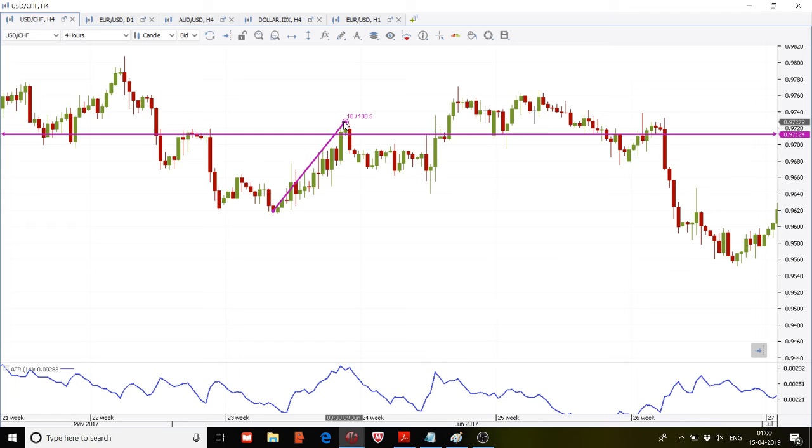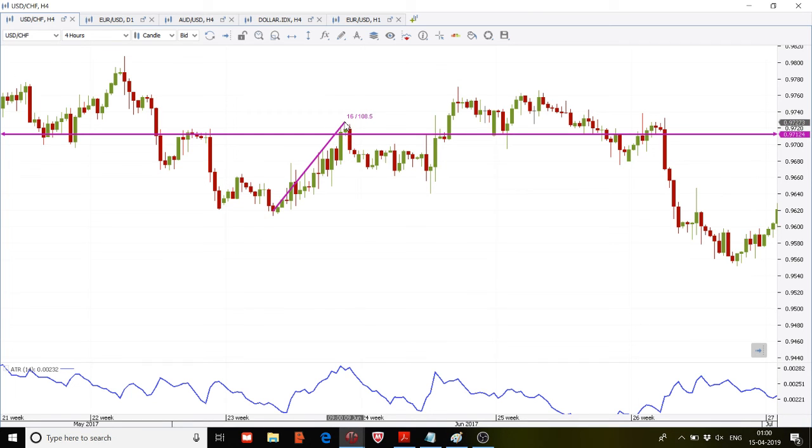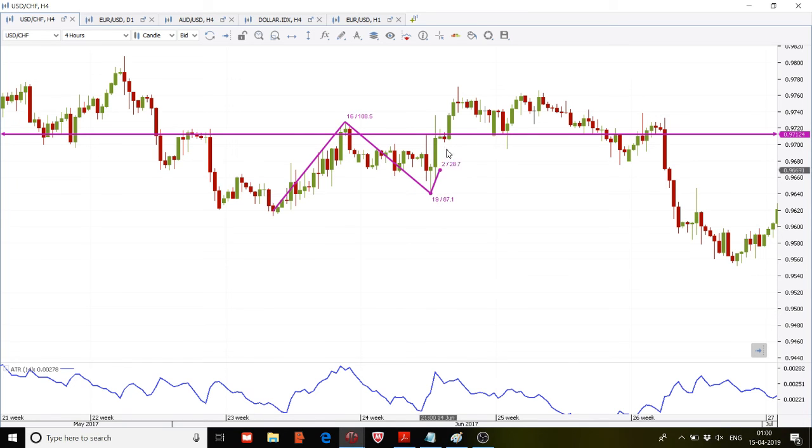Join the lowest point and highest point in the series. Like that you need to join the two points. So this is the highest point and this is the lowest point in the series. This will be wave 2, and after that, this is the lowest point and this is the highest point. This will be wave 3.